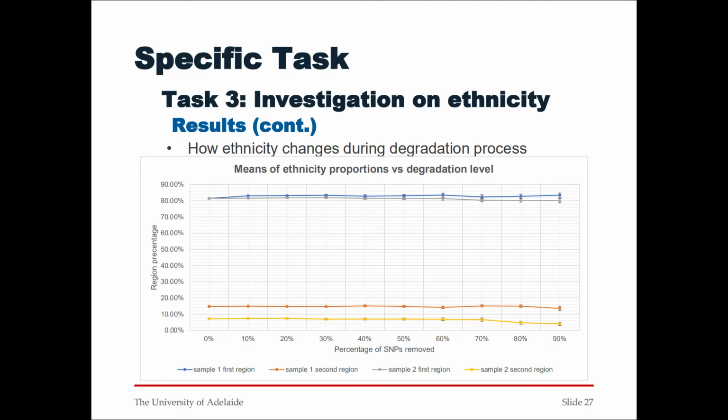The blue and orange lines stand for the top 2 largest ethnicity regions of sample 1, and the gray and yellow ones are for sample 2. According to the graph, the percentage of major ethnicity regions would not be greatly affected by the amount of SNPs removed. These results provide strong evidence that the proportion of major ethnicity regions in a poor quality DNA kit is similar to the complete DNA kit.